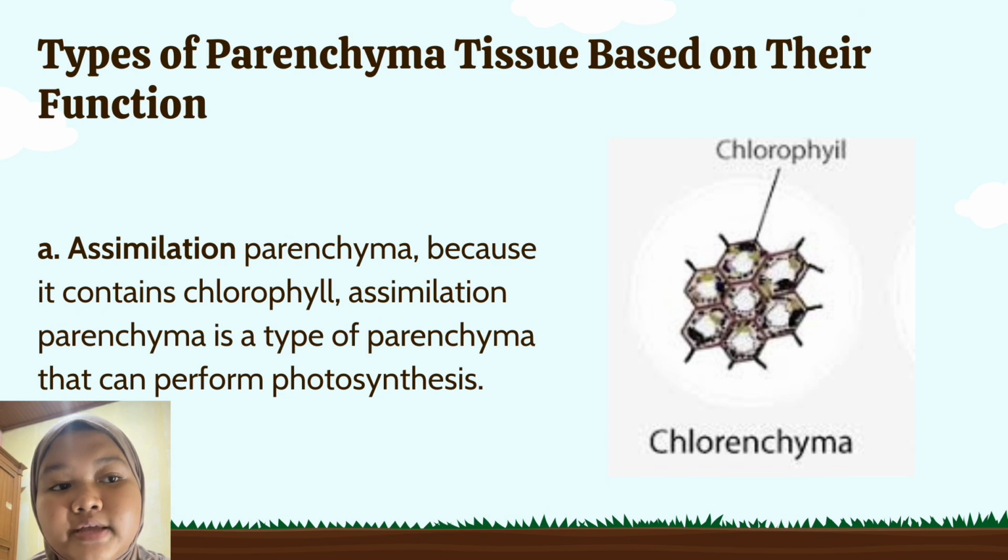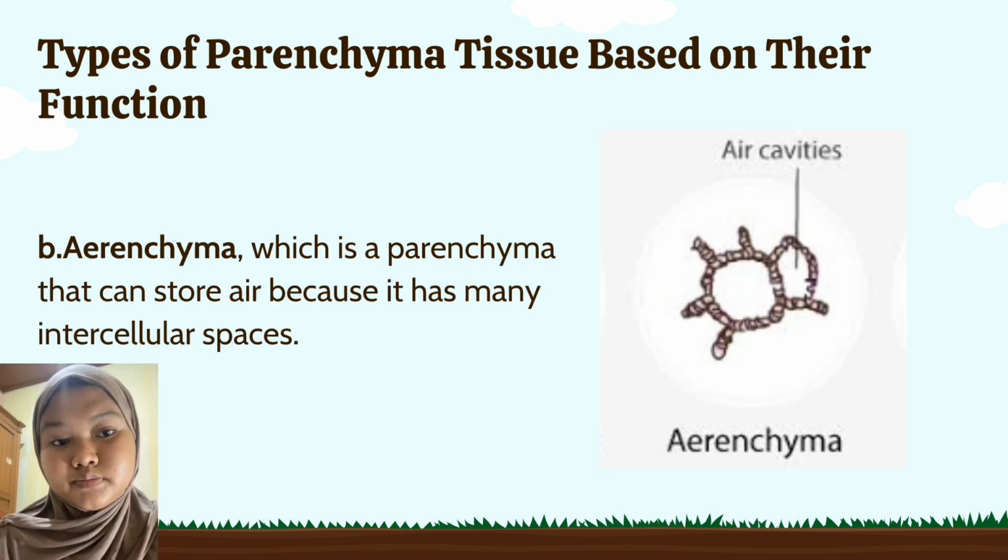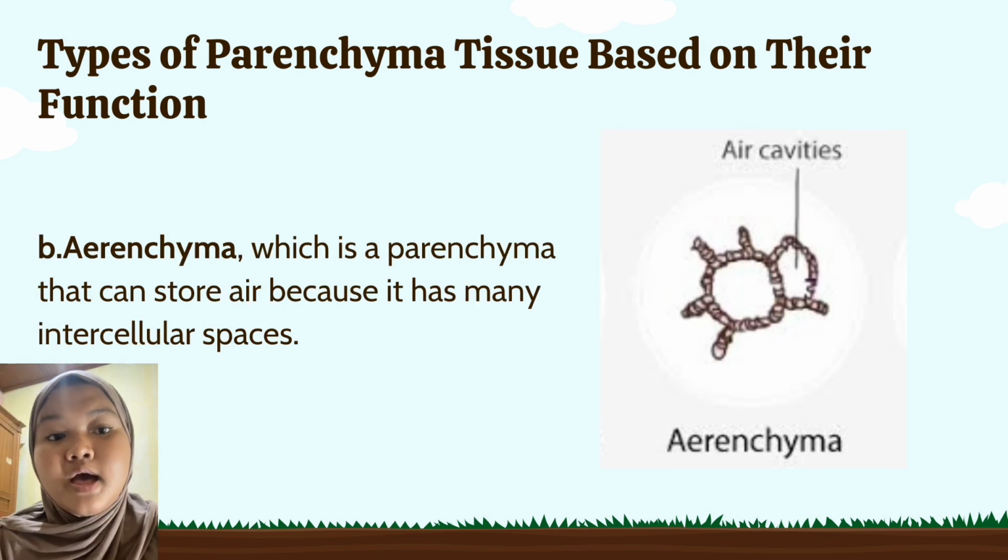Because it contains chlorophyll, assimilation parenchyma is a type of parenchyma that can perform photosynthesis. This parenchyma is also known as chlorenchyma because it is found in plant tissues that appear green due to the presence of chlorophyll.